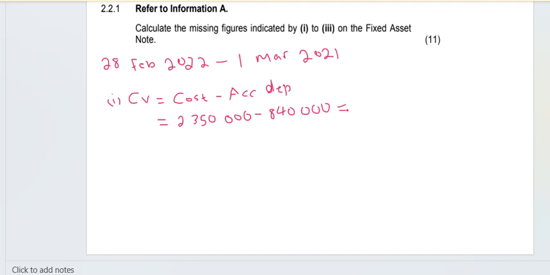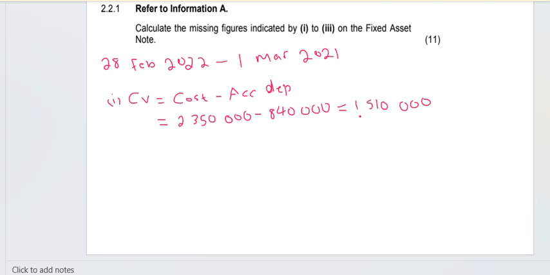Taking your calculator, I'm using my Casio calculator here, 2,350,000 minus 840,000 gives me 1,510,000.